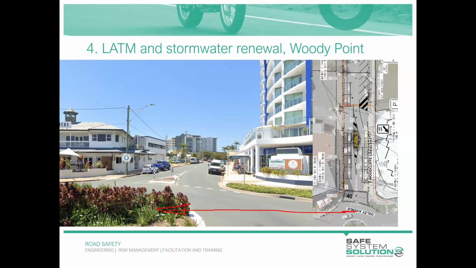Workers working within the construction site potentially being hit by an errant vehicle. That could be possible or likely, I guess, but with a major ramification or impact. So the initial risk rating for us was extreme.